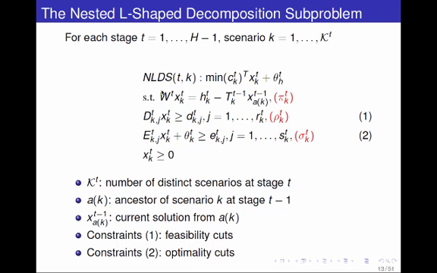This script k to the power t, this is not a power, it's just indicating the time period. And this indicates the number of scenarios for time period t. So for the tree I showed you earlier, the script k of 1 is 1, the script k of 2 is 2, and the script k of 3 is 4.